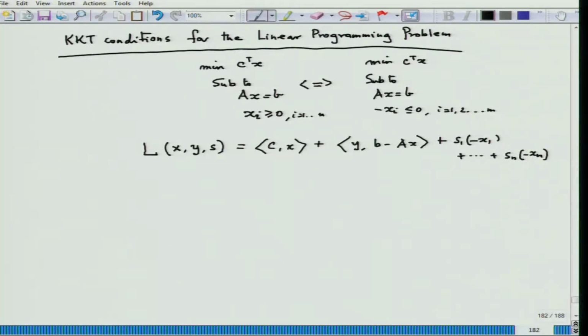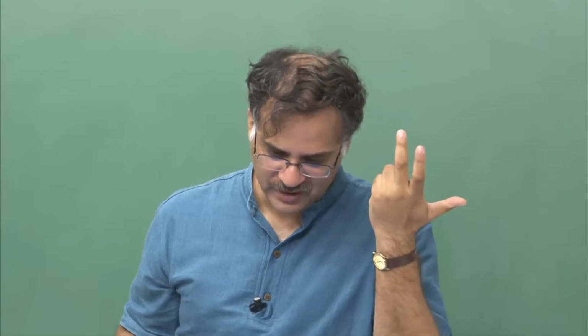Now, what does the Karush-Kuhn-Tucker condition say? I have not yet done the Karush-Kuhn-Tucker conditions for this very case, because this would need some more results. So, let us go by some sort of intuition, some sort of gut feeling, I guess.